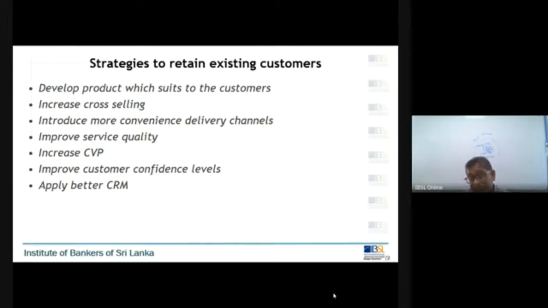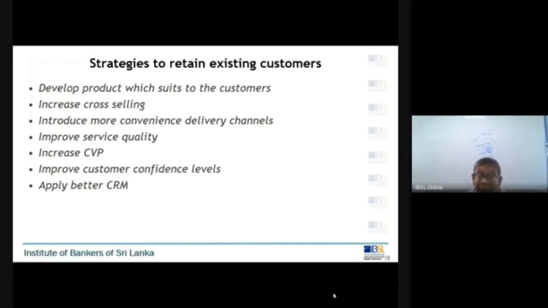Upselling means, sometimes you are told, please bring your old TV and take the new one. Like that, give the old car and take a new car. That is upselling. Sometimes some people can be told to give their old items and take new ones, but it will not be applicable for all, right?